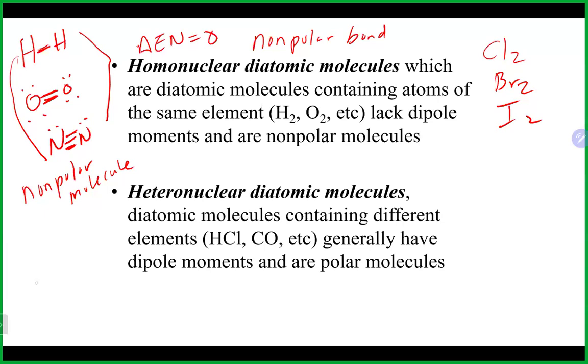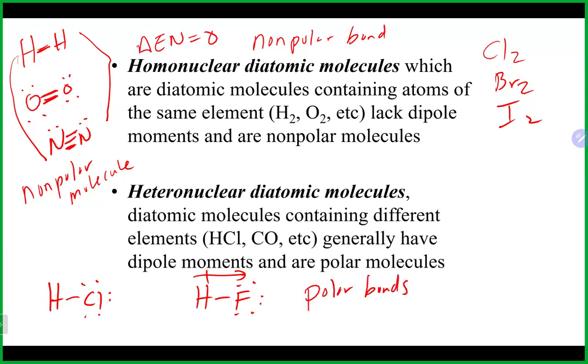Heteronuclear diatomic molecules means we have different things present, like HCl, HF. In this case, as we talked about, this will have a polar bond, heading towards the fluorine because it's more electronegative, which means each of these will have polar bonds.